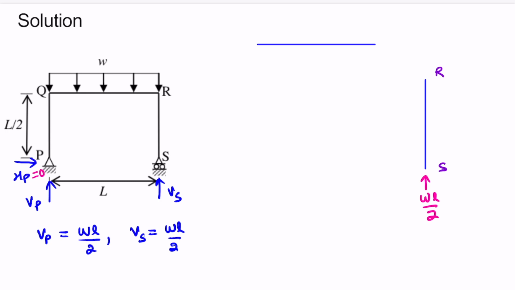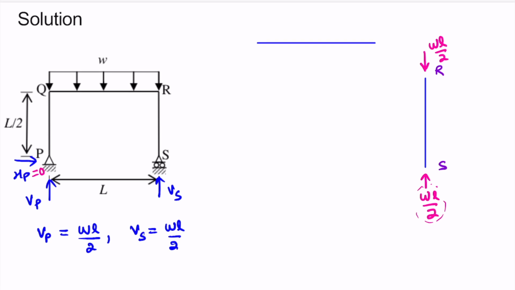Other than this, there is no other force at S. So at R, it will be downward WL by 2. So vertical equilibrium is satisfied. There is no horizontal force and there is no moment as well. So everything is done for this column RS.